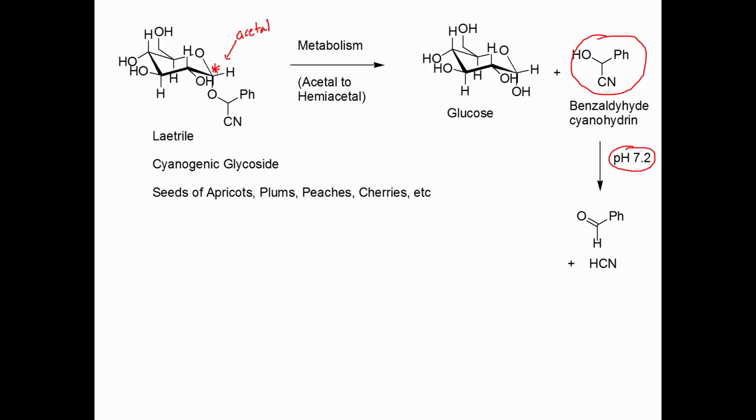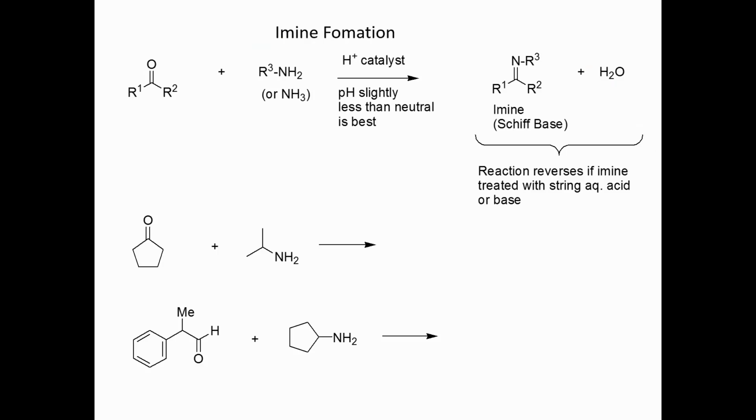It's slightly basic, so it's thought that laetrile will generate this highly toxic compound, hydrogen cyanide, in the cell, and that would kill whatever cell this process was occurring in. Okay, and it sort of nicely ties together the things we've been talking about concerning acetals and cyanohydrins.